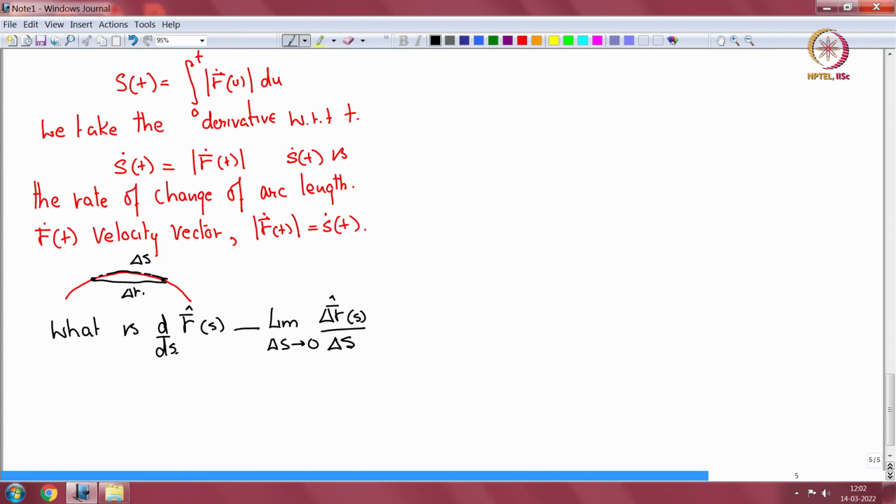As the arc becomes smaller and delta r becomes smaller, the magnitudes of delta s and delta r approach each other. The numerator is a vector, the denominator is a scalar. So this approaches my T, which is the unit tangent vector.